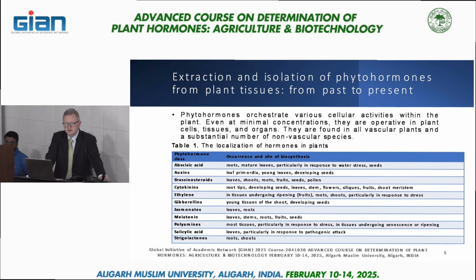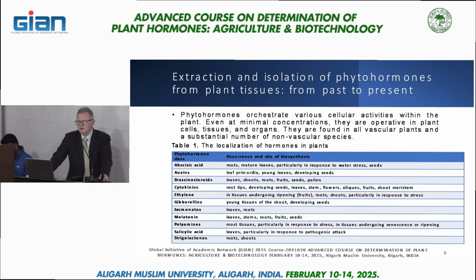Understanding where these hormones are localized is critical for choosing the right extraction methods. Since the distribution varies across different plant organs and even within specific cell compartments, sampling and extraction techniques must be carefully designed to target the precise location of each phytohormone.